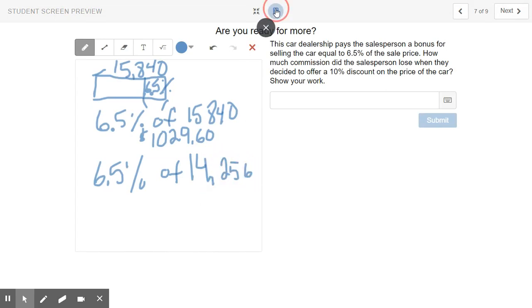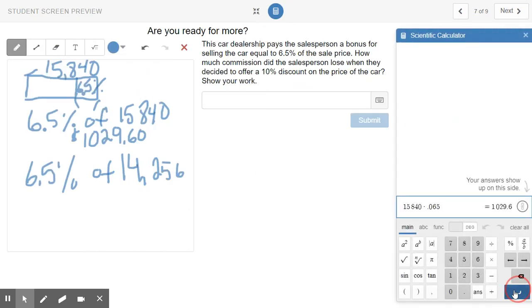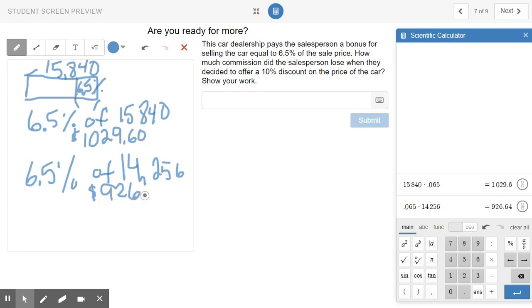Okay, so let's go ahead and figure out what that is. 6.5% times the 14,256. So the commission on that amount is $926.64. So again, the question is, how much did they lose out on?